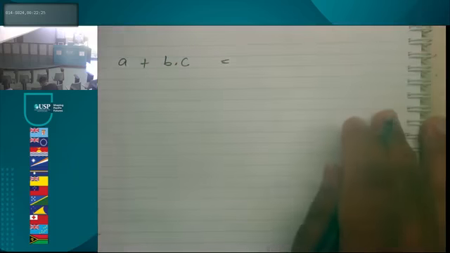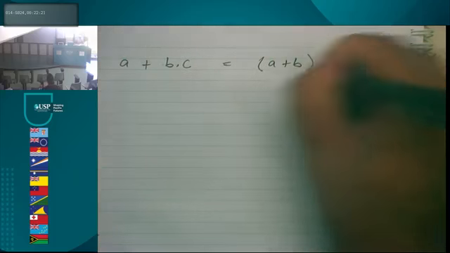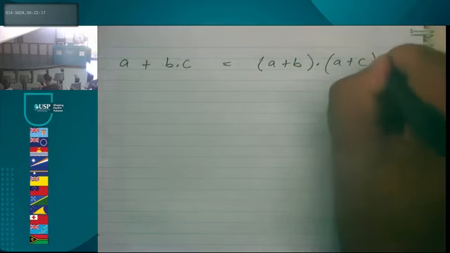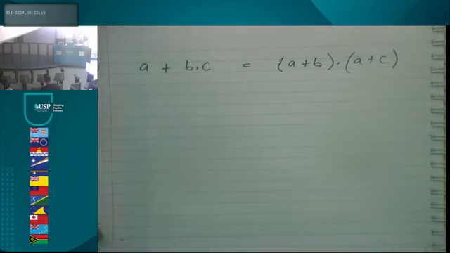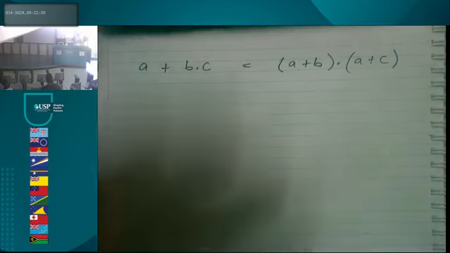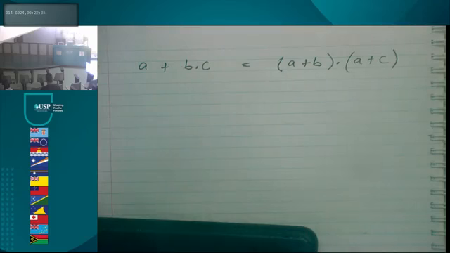A OR (B AND C) is the same as (A OR B) AND (A OR C). Have a look at that. I want you to spend a few minutes paying close attention to this.